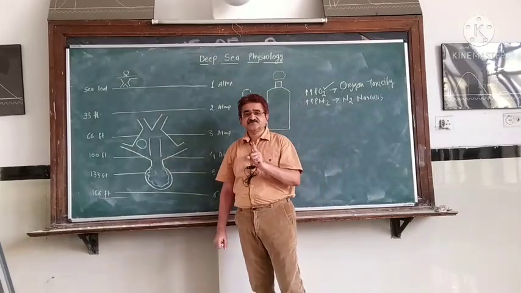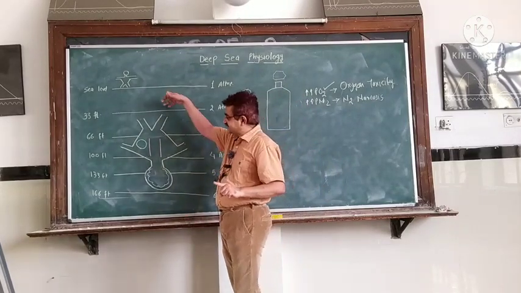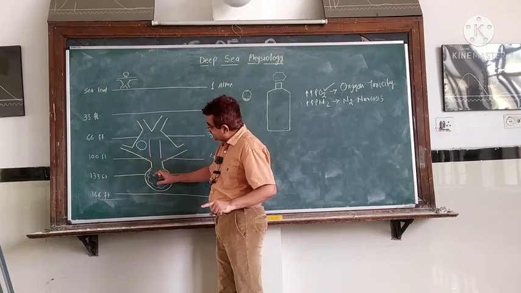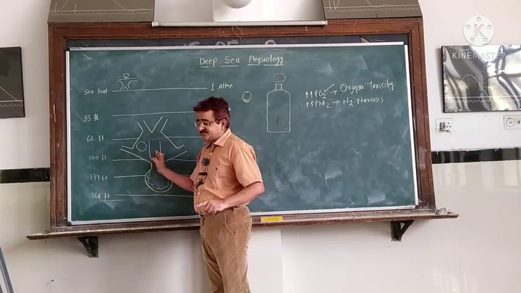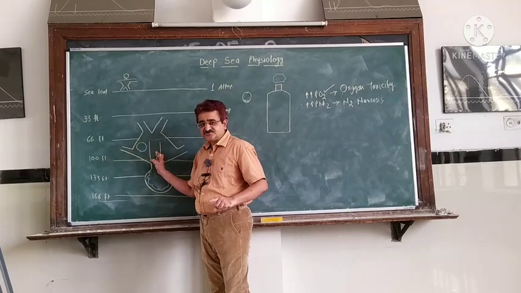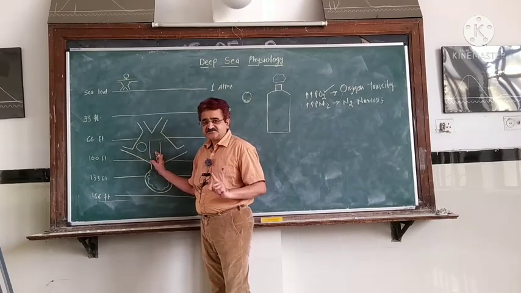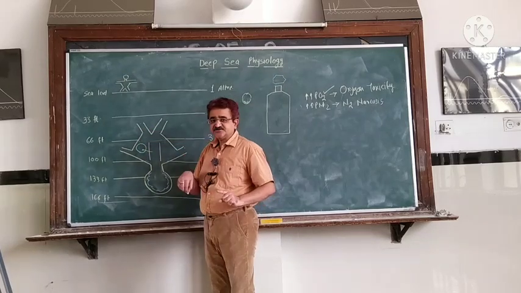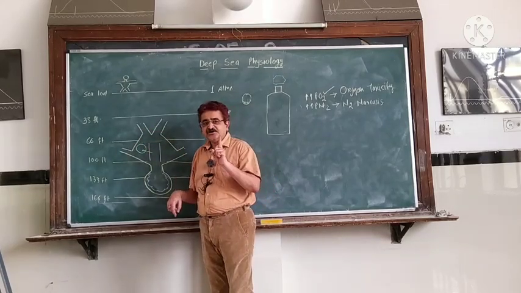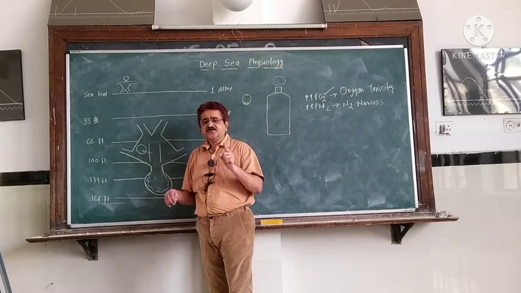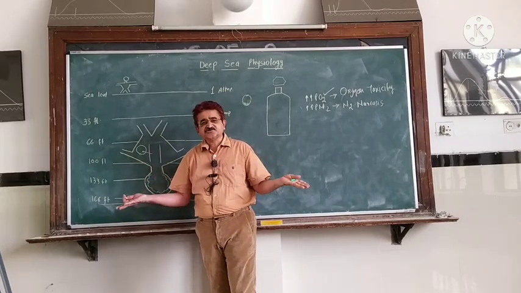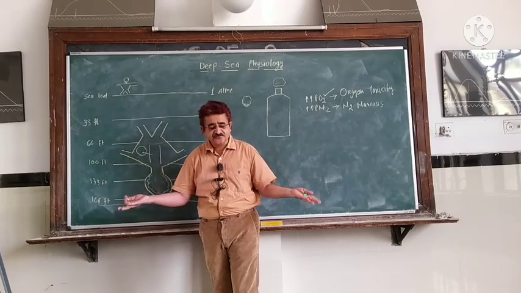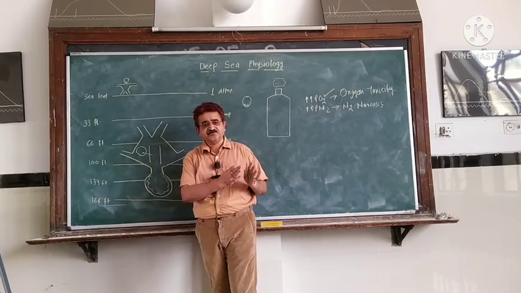But what happens in the diver when he descends? When the diver descends, there is more entry of oxygen with more partial pressure, more entry of oxygen into the cell. The demand of the cell remains the same, for example 5 ml from 100 ml of blood.